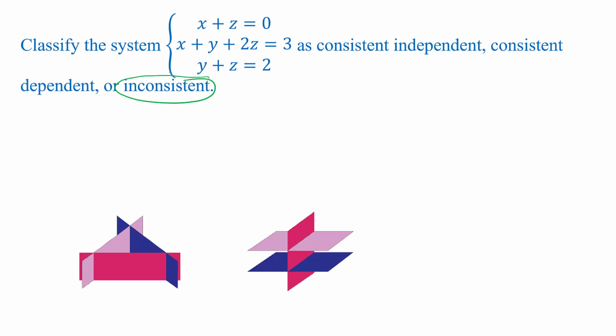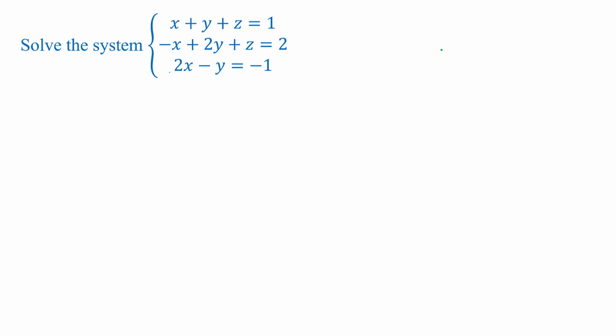We could also have one plane that intersects with each of the other two planes, but the other two planes never intersect with each other. Or we could have none of the three planes intersecting at all, which we can think of as three parallel planes.